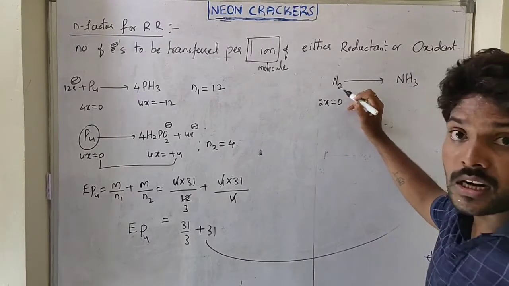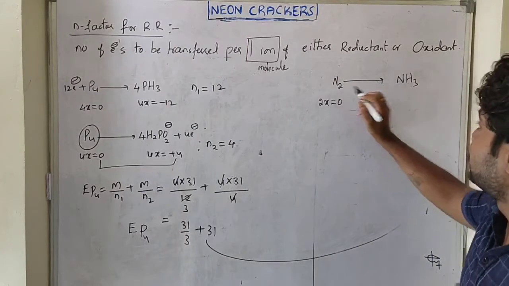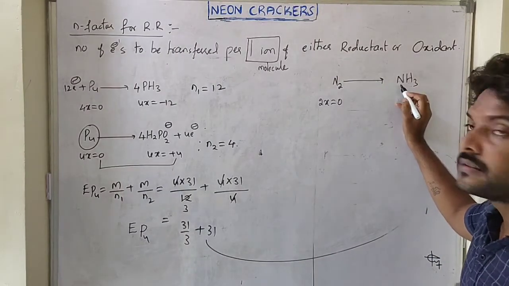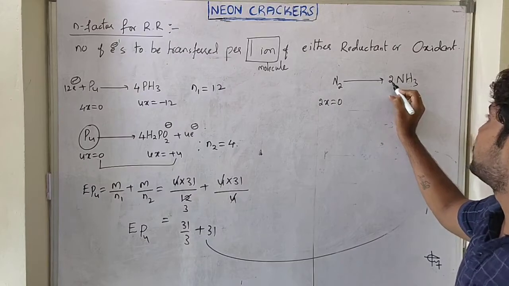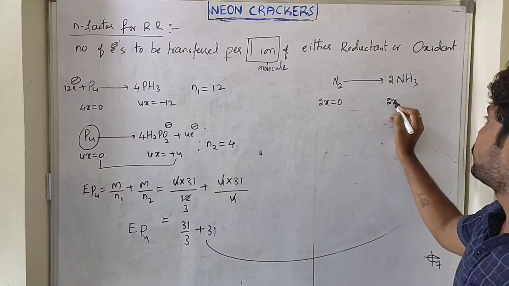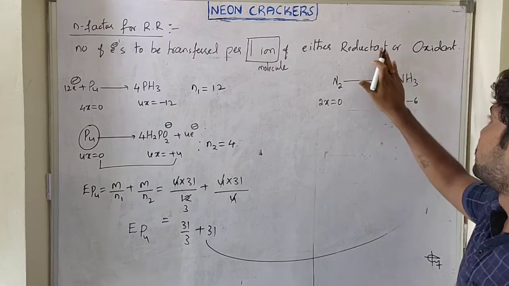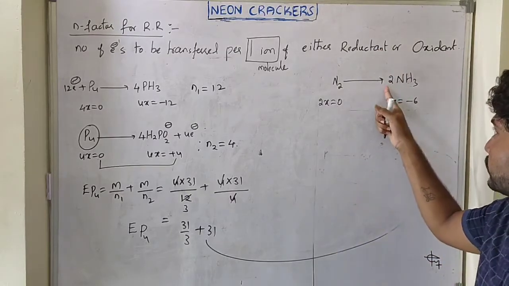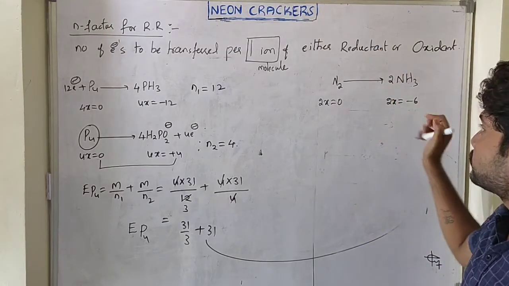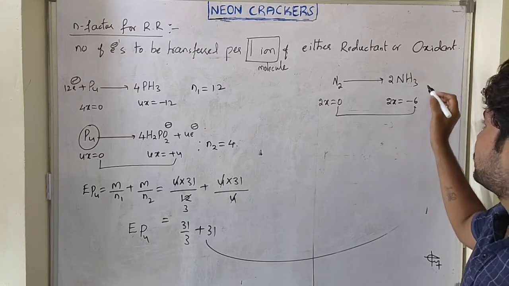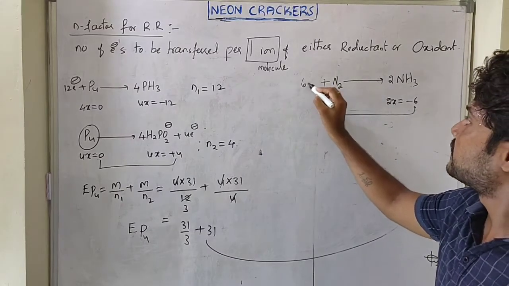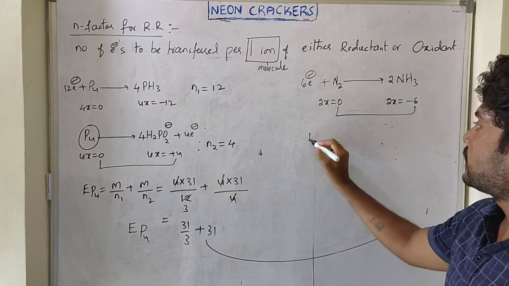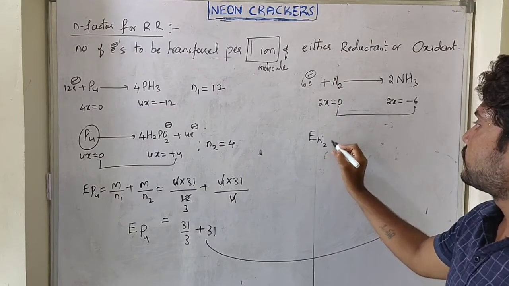But two nitrogen atoms are there. Here we have only one nitrogen atom. That's why this is multiplied by 2, and you get 2x equals -6, because in ammonia nitrogen charge is -3, and for 2 moles of ammonia we get 2x equals -6. So the number of electron difference is how much? 6 electrons.